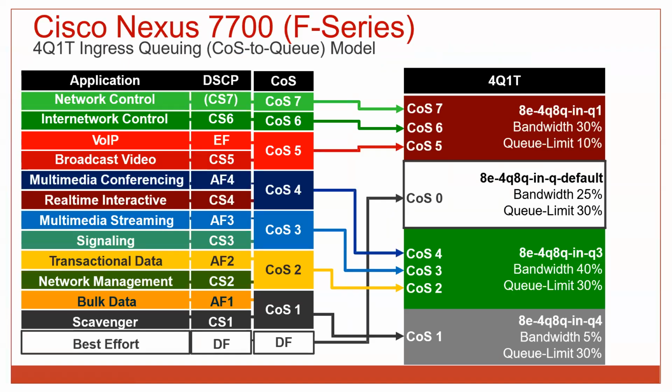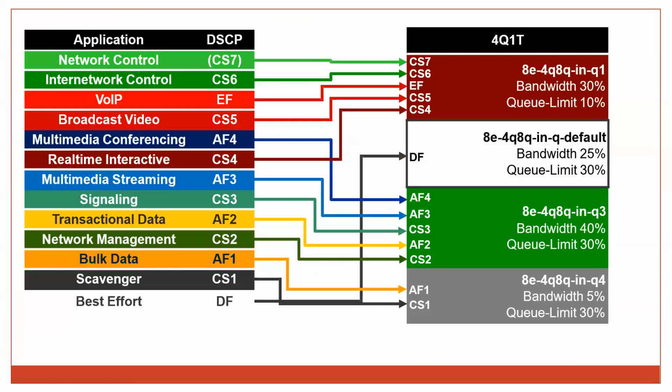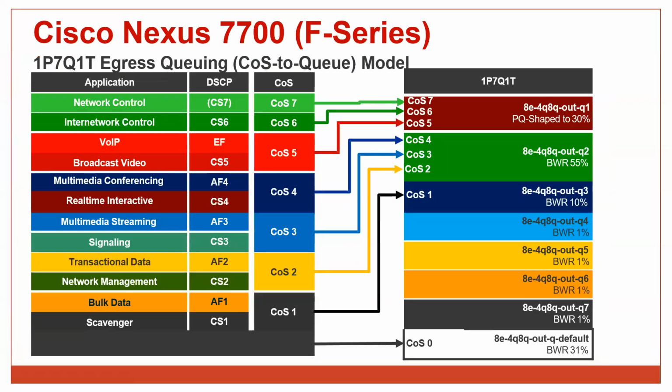In Nexus design, you will see it has only 4 queues, but in all queues you have only 1 threshold. Continuing like this, you can see Nexus 7700: 1 priority queue, 7 queues, all the 7 queues having 1 threshold, right? So you can see that you have the priority queue.